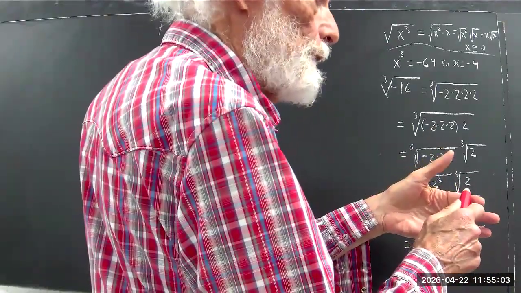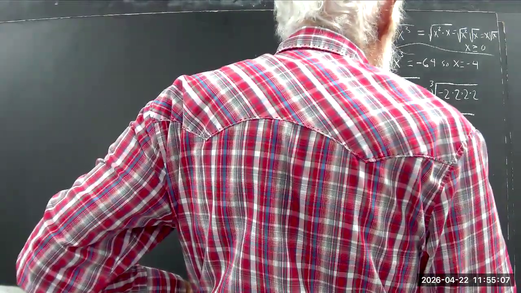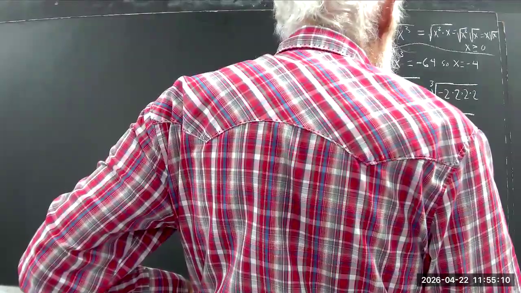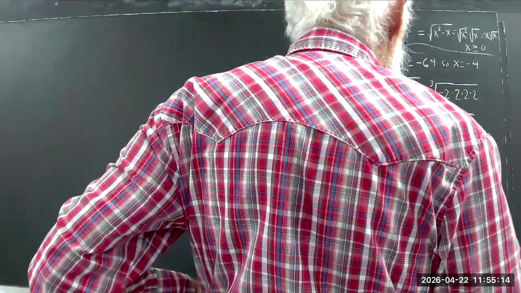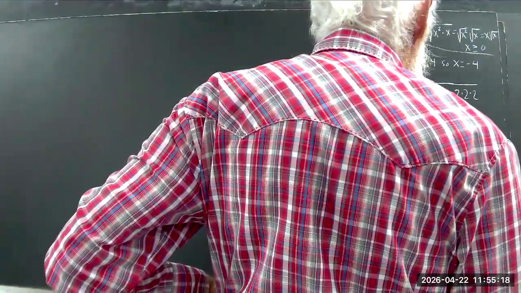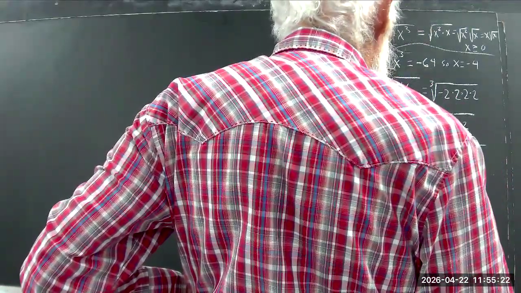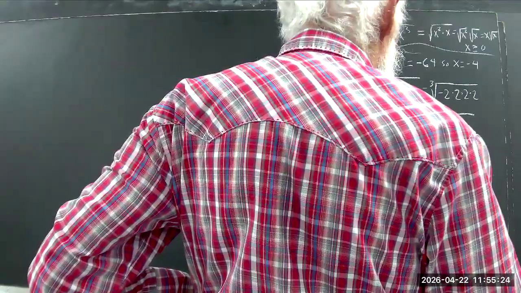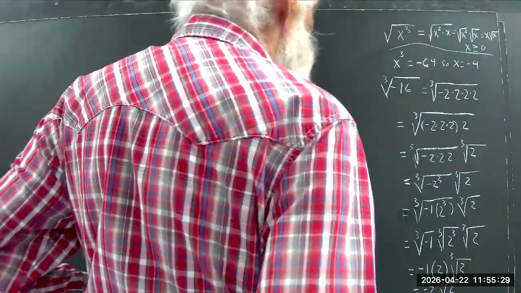Negative 1 times negative 1 gives you 1. Multiply by negative 1, you get negative 1. So this is negative 1 times the cube root of 2 cubed times the cube root of 2, or just negative 2 times the cube root of 2.